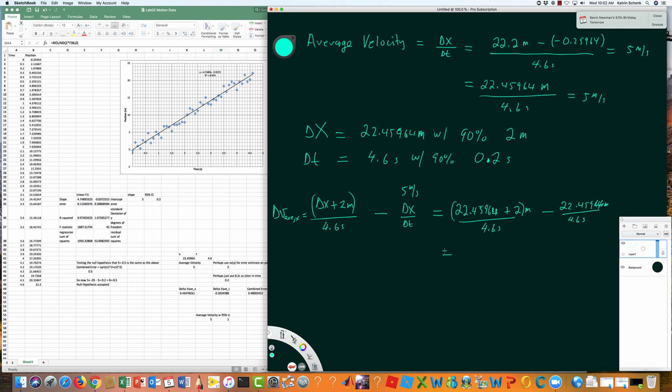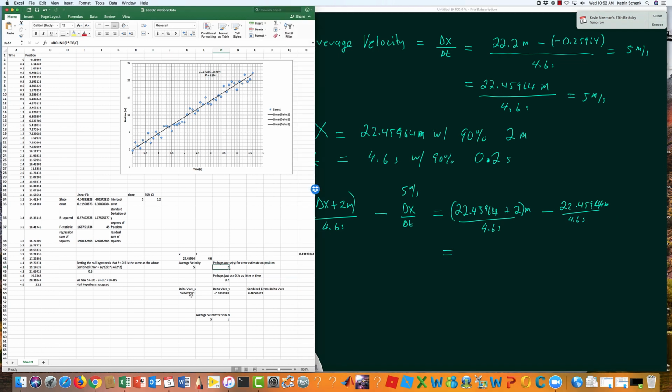And I did that in Excel. If we come over here, you can see what I did. I take K42, which is my X, plus M44, which is this, over L42, which is the 4.6, and then I subtract off K42 over L42, which is exactly this thing.